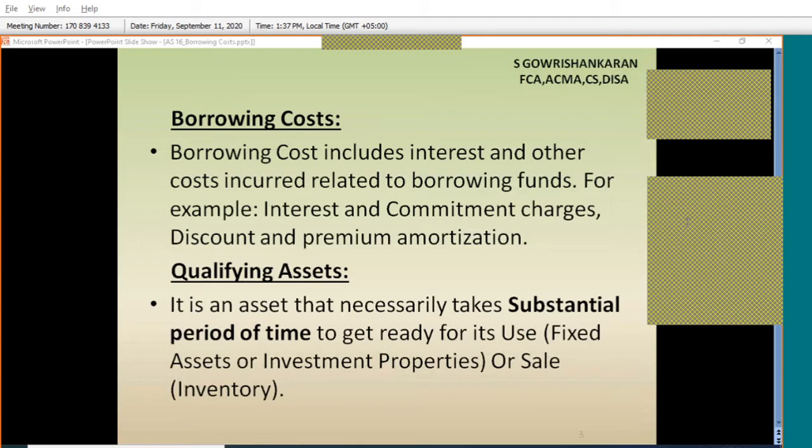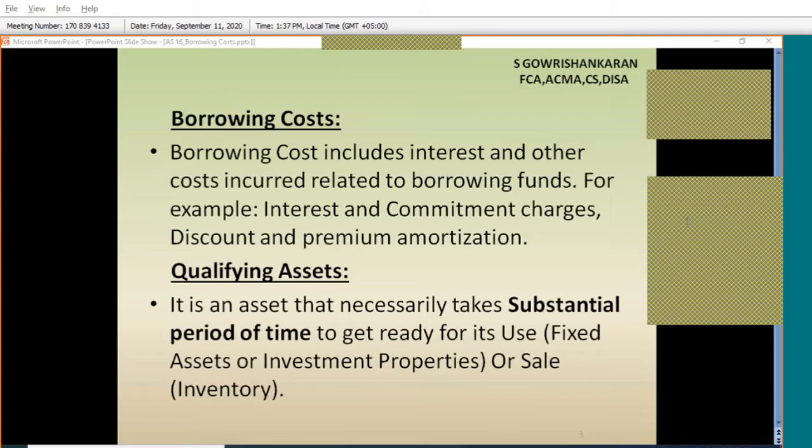What type of inventory? Any example can you give me? Sir, this inventory I cannot get readily. It is not available for sale immediately, sir. I have to wait for some time, then only I can sell to my customer. What type of inventory is it? Any one product you give me.